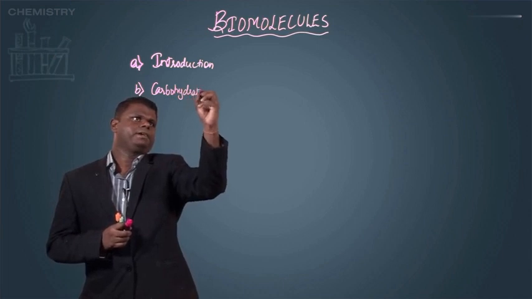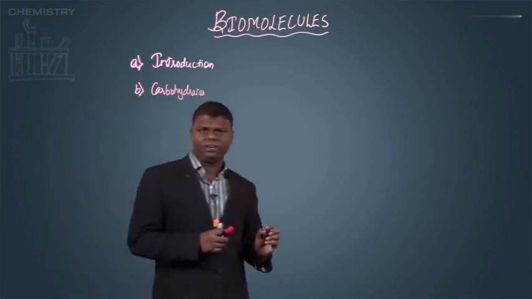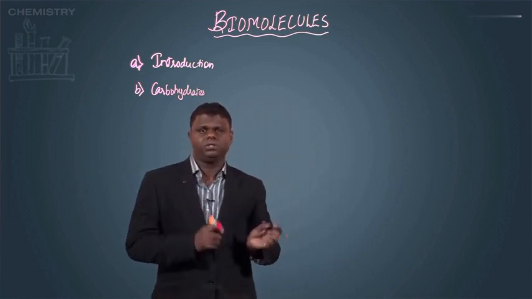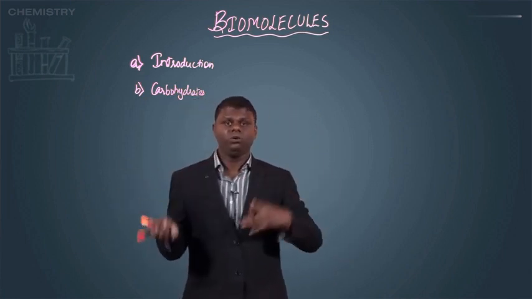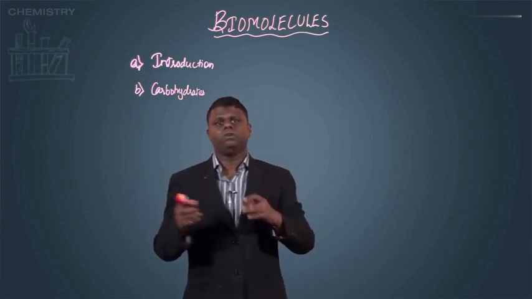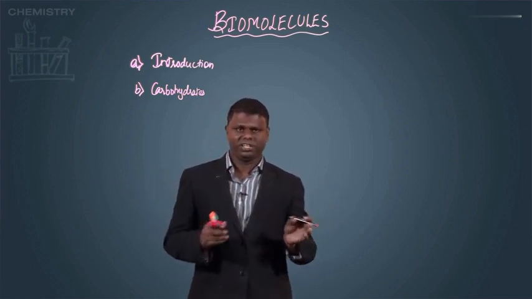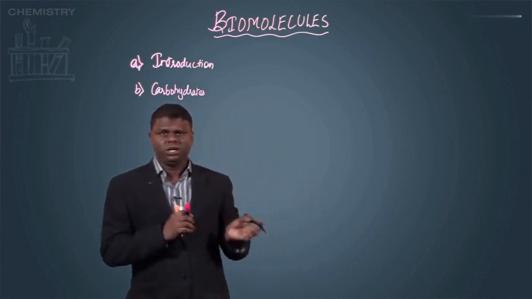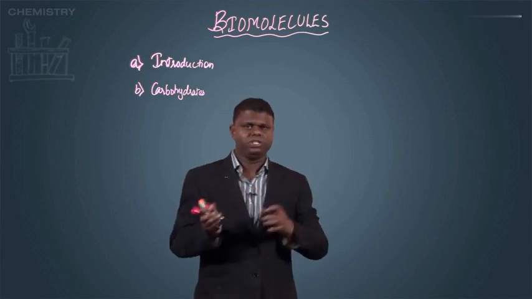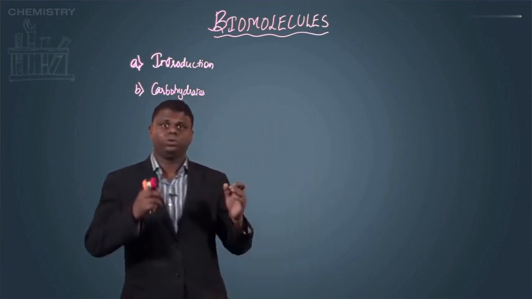So what exactly are carbohydrates? Now you know about sugar, glucose, fructose, cane sugar, cellulose, right? Each of them is different. What are the different aspects, and what is the chemistry behind carbohydrates? How are they classified? They are sugars, they are non-sugars, they are monosaccharides, disaccharides, polysaccharides, oligosaccharides.